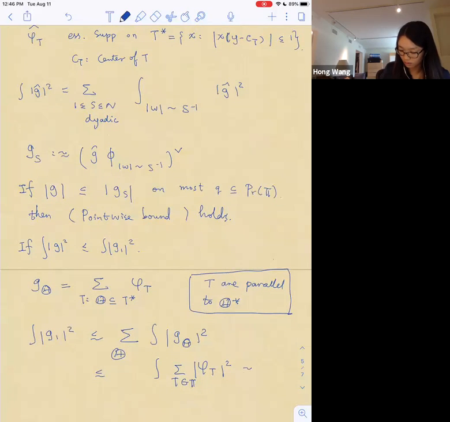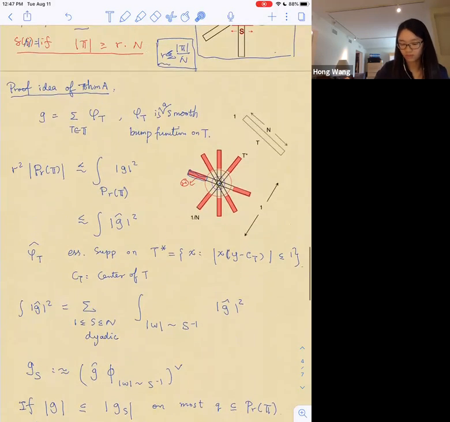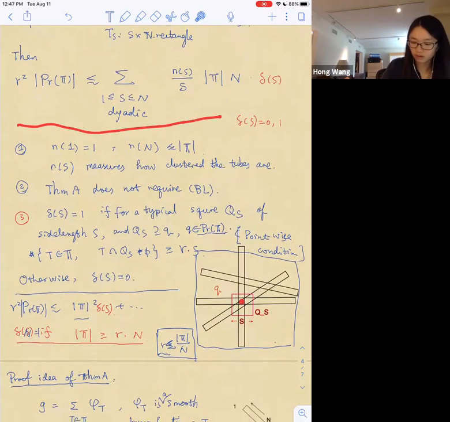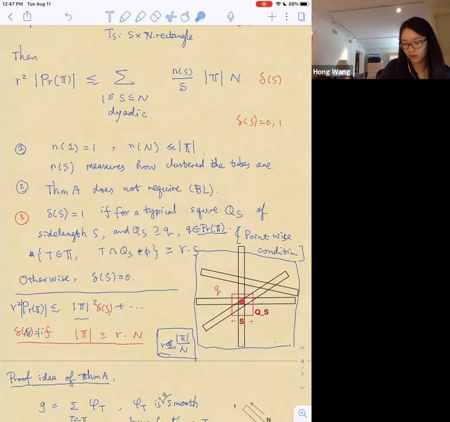And this is about the number of tubes t times the volume of a tube, which is n. So this gives the first term in this formula when s equals 1, and we have t times n.